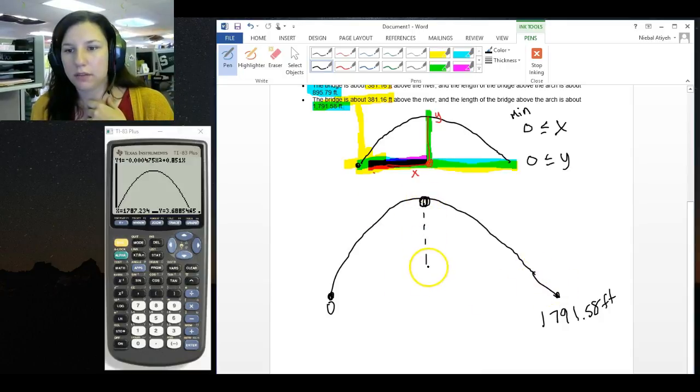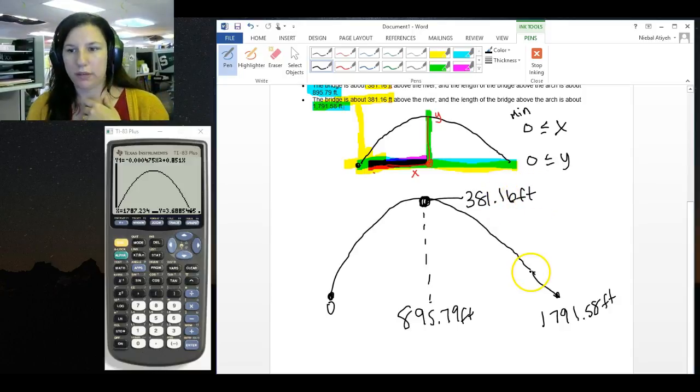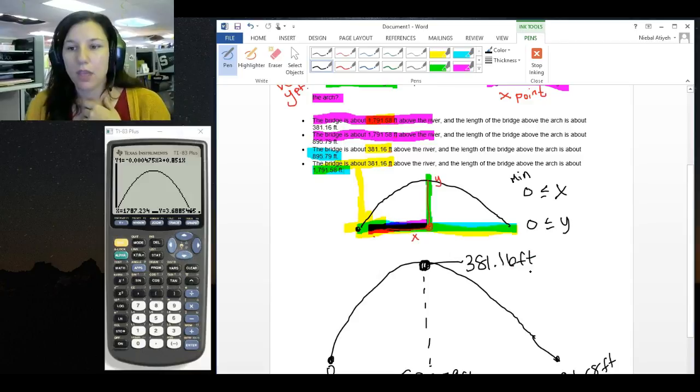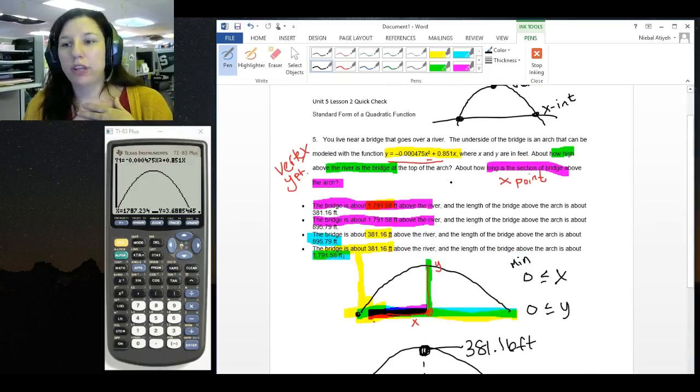Here's our vertex. The length is 895.79, and our height was 381.6 feet. Okay. So our height we've got down, that's the highest point. This question asked us how long is the section of the bridge above the arch.